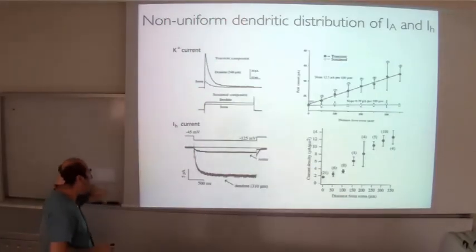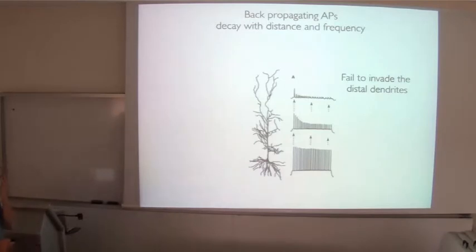So one of the interesting phenomena, basically, I'll say very briefly that there was a little bit of a revolution from, I would say, 1994, when people started to be able to do electrophysiology from dendrites.